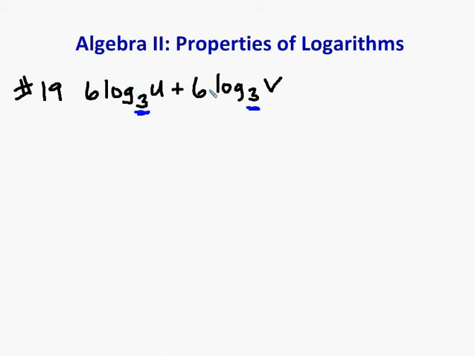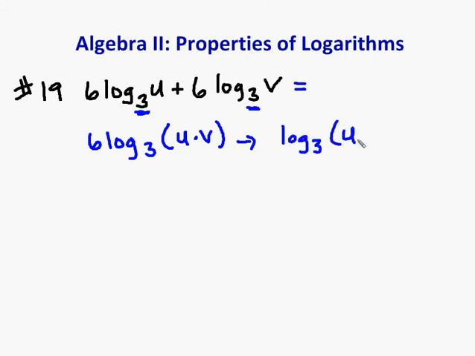And I know that 6 log 3 of u plus 6 log 3 of v is going to be the same thing as 6 log 3 of u times v. And then as a final step, knowing the power property, I can finally rewrite this as log 3 u times v to the 6th.